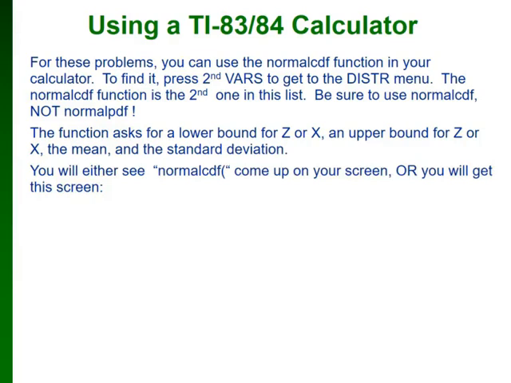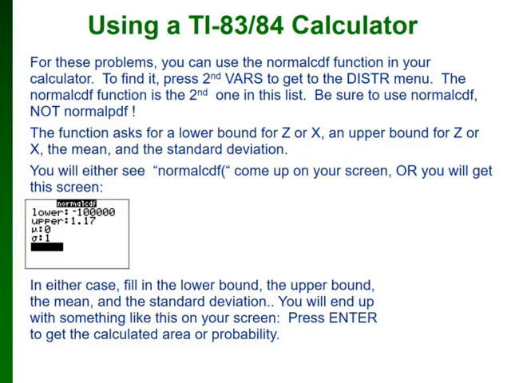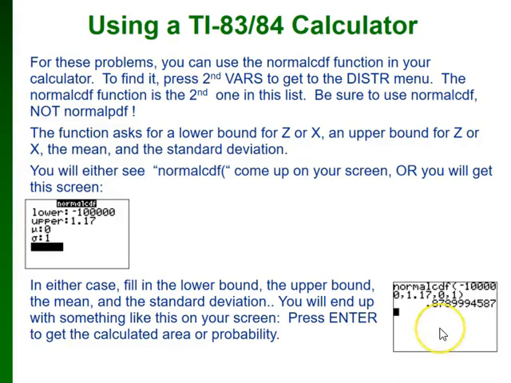Depending on how old your calculator is, you'll either see normalcdf come up on your screen, or you'll get this screen. In either case, fill in the lower bound, the upper bound, the mean, and the standard deviation. You'll end up with something like this on your screen. Press enter to get the calculated area or probability.